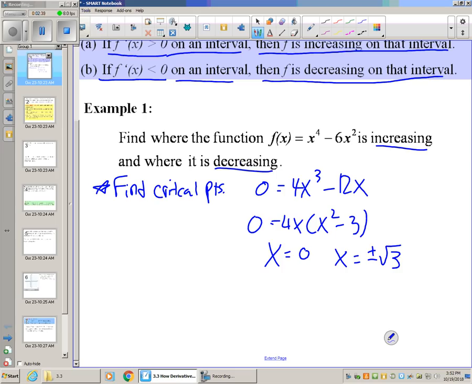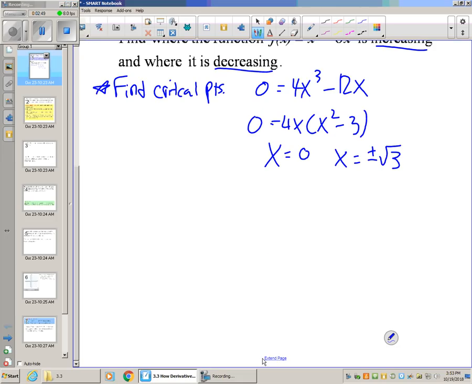If I want to know where my increasing and decreasing intervals are, I check our sign line. So what I mean is we're going to check intervals on the sign line.